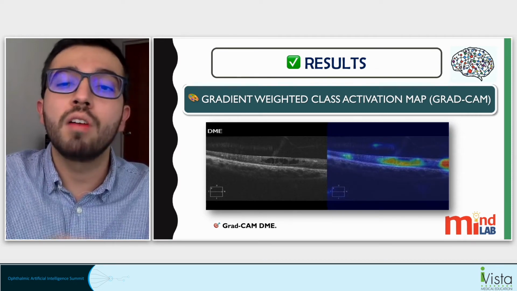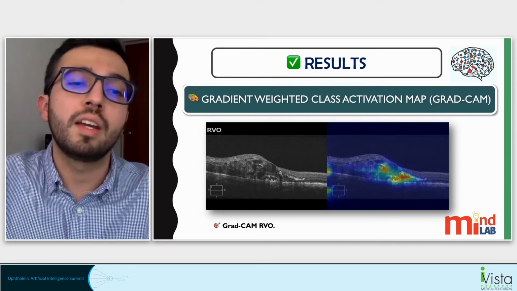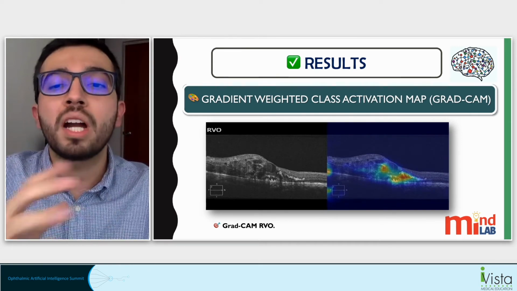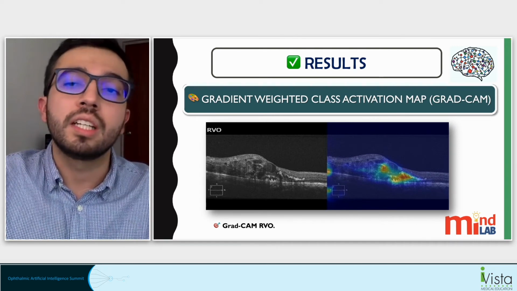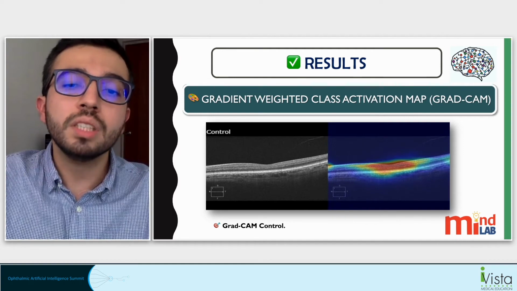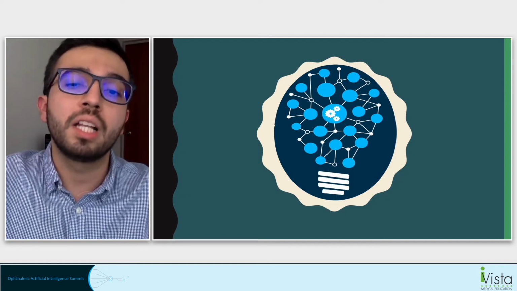In the case of intraretinal fluid, DRIL and hyperreflective foci for diabetic macular edema, and macrocysts and hyperreflective foci and subretinal fluid in the case of retinal vein occlusion. In the absence of biomarkers and fluid in the case of normal images.